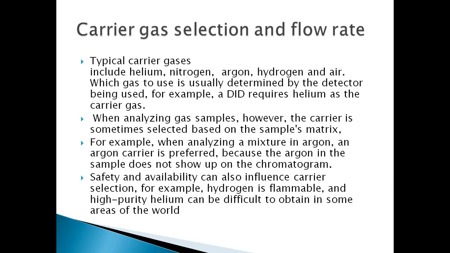Carrier gas selection and flow rate. Typical carrier gases include helium, nitrogen, argon, hydrogen, and air. Which gas to use is usually determined by the detector being used. For example, a DDI requires helium as a carrier gas.